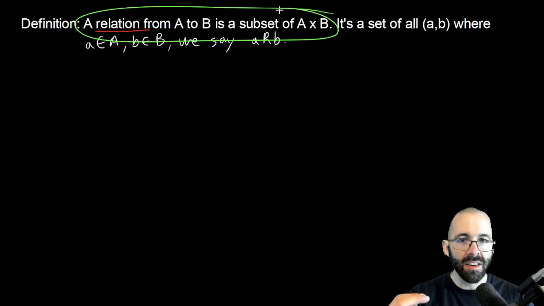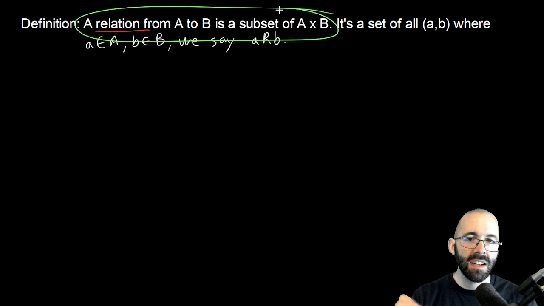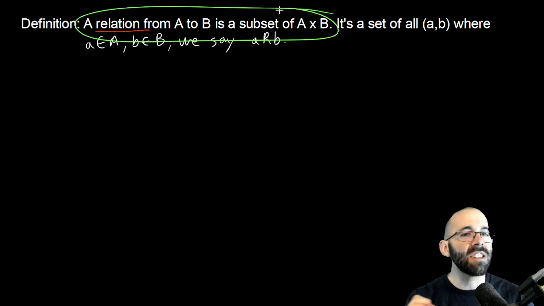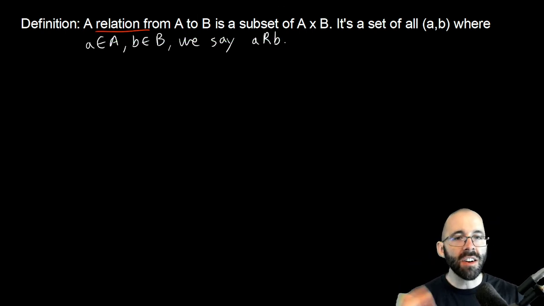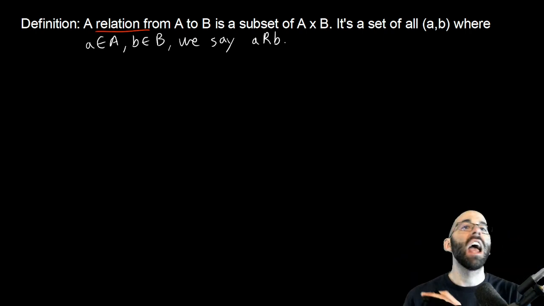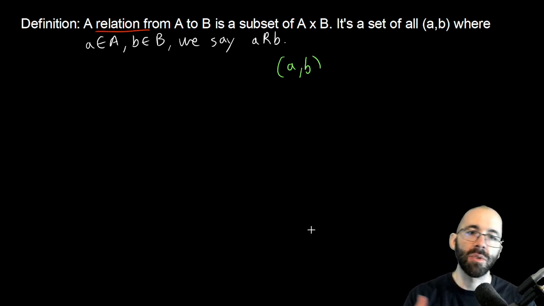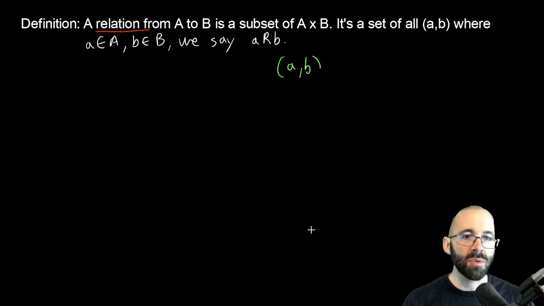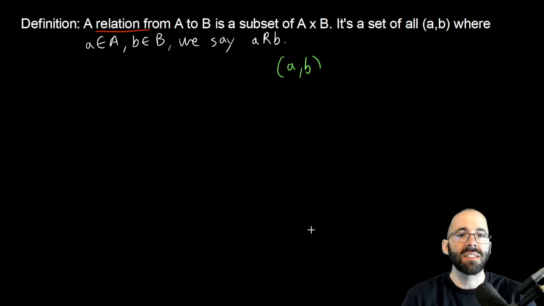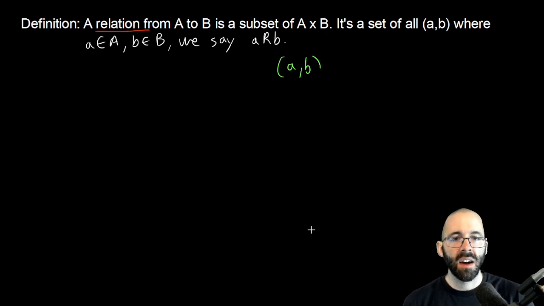There's so much going on from chapter 2, from our section about sets already. A relation is a subset of the Cartesian product. Remember, the Cartesian product of two sets was a bunch of ordered pairs. Every possible ordered pair (a, b), where a comes from set A, b comes from set B. So a relation is just a subset of all of those.